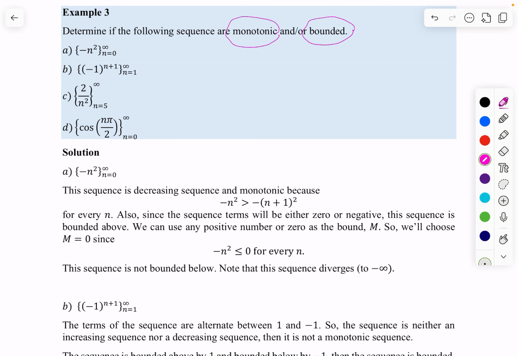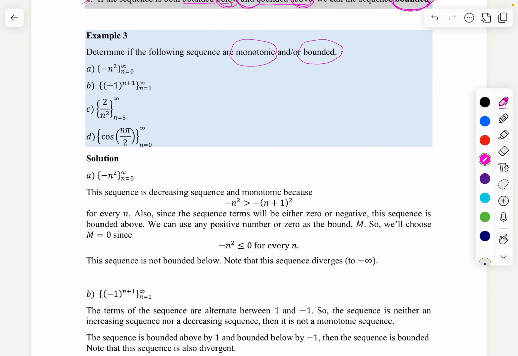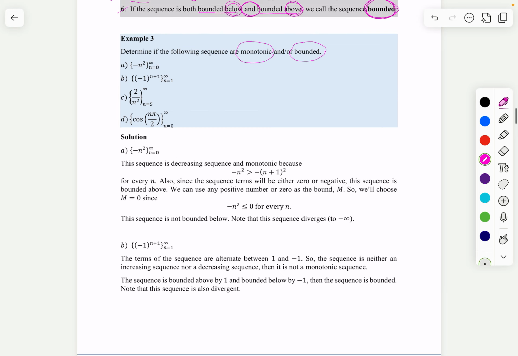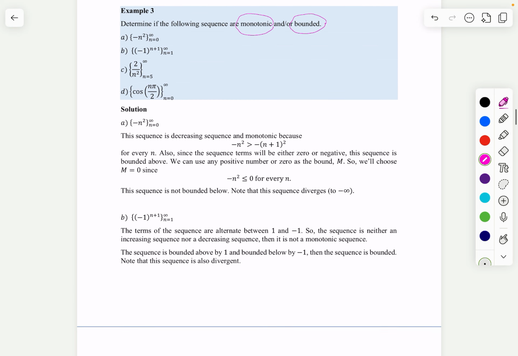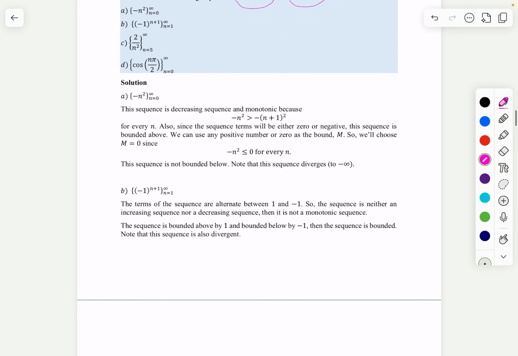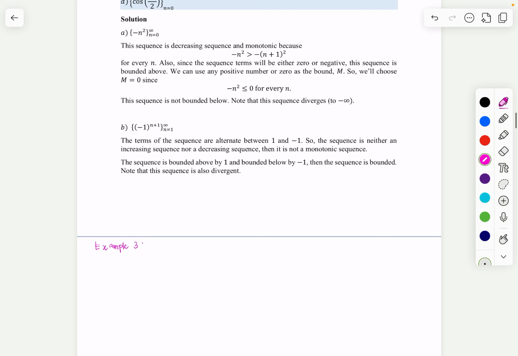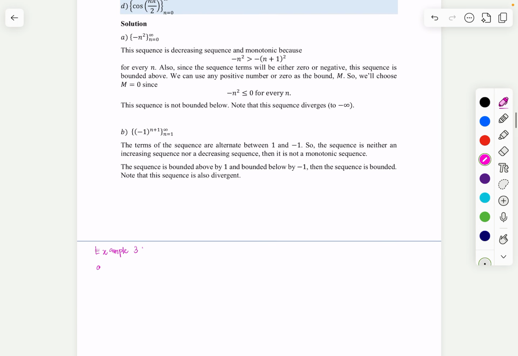You can read the solution, but this solution gives you a way to recognize it by thinking logically. But I will give you another way for you to determine. Let us do example 3 together. Example 3A.